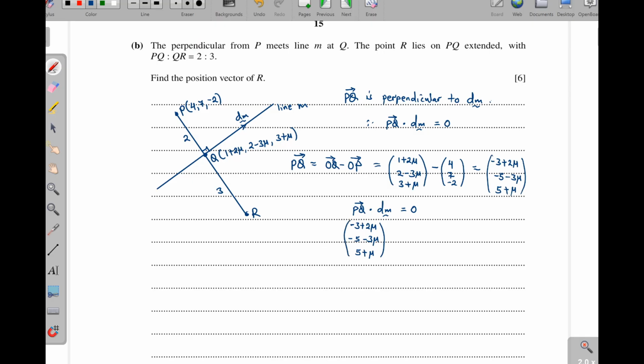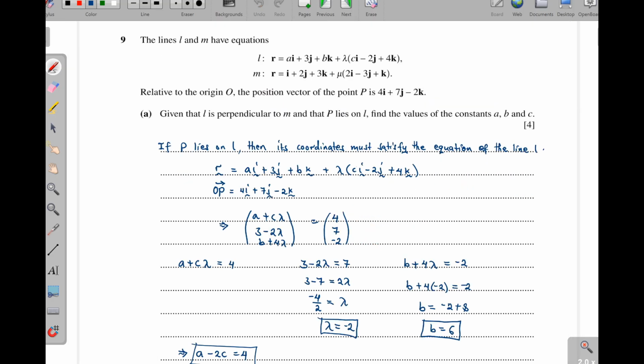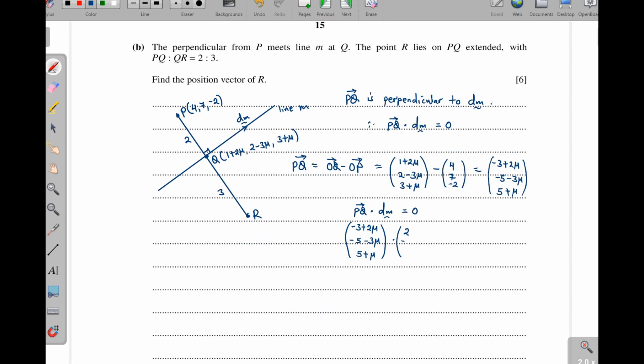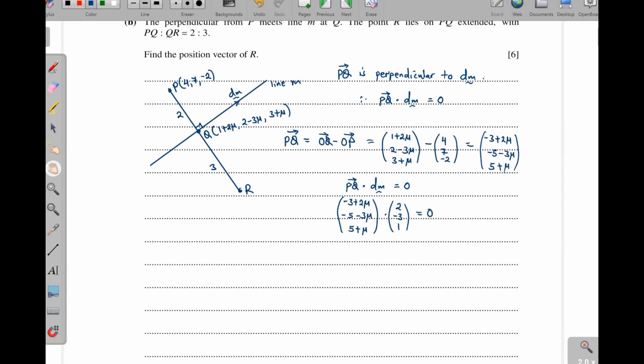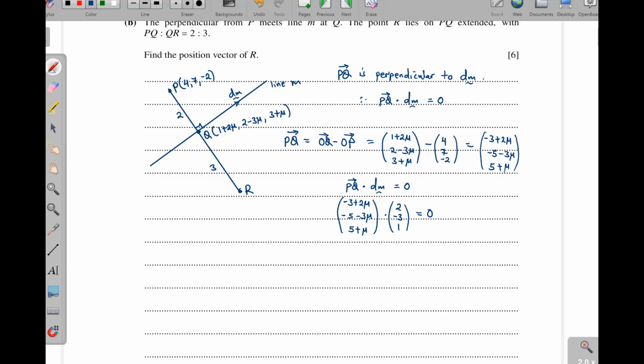We dot it with the directional vector of M, which we have as 2, negative 3, 1. Then we get a 0. Now this one will help us to get the value of mu. When we get the value of mu, then we can use this ratio here to find the value of R. Okay?